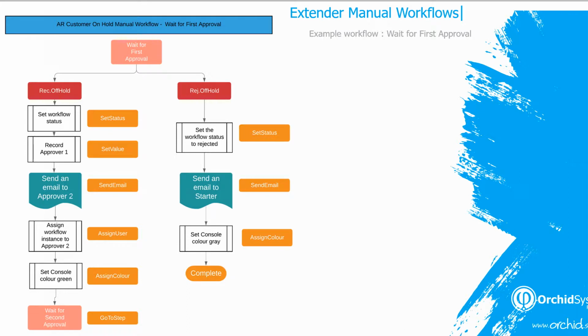And having a look at all the actions which are part of the wait for first approval step, we can see that the wait for first approval has two progress to steps, recommend off hold or reject off hold.